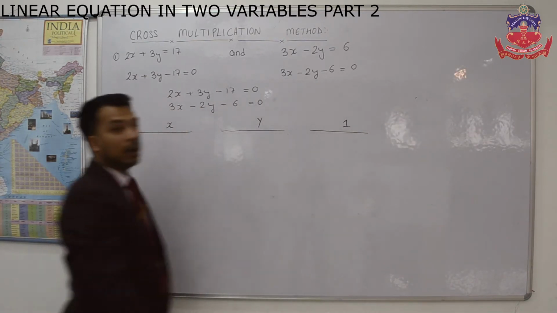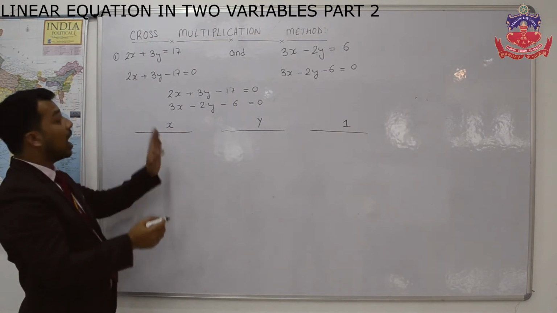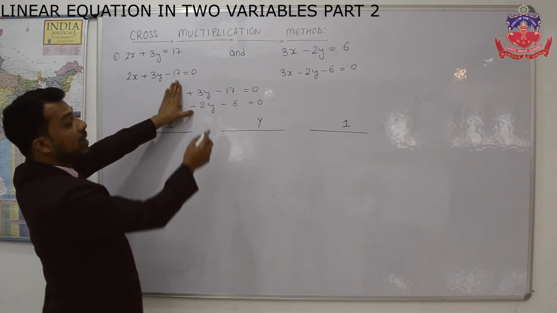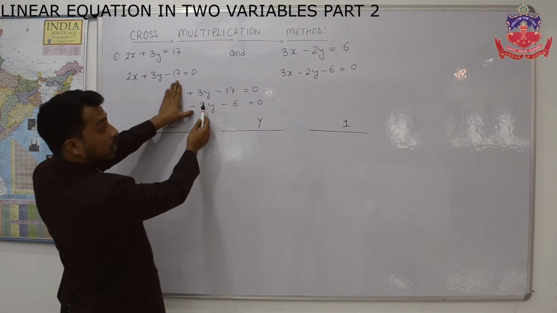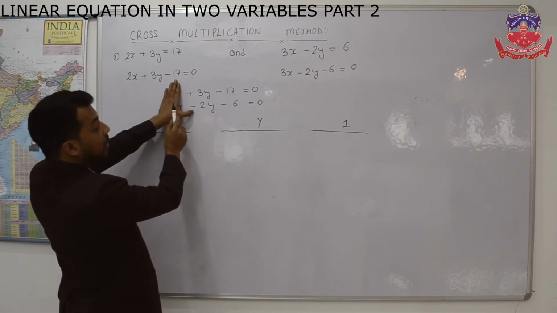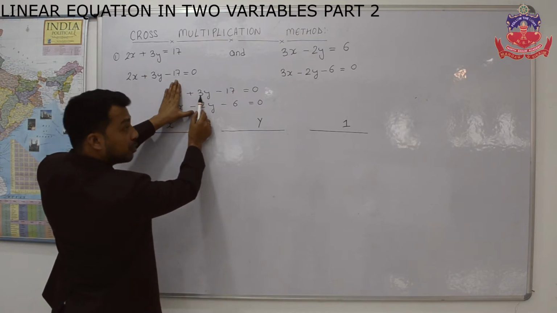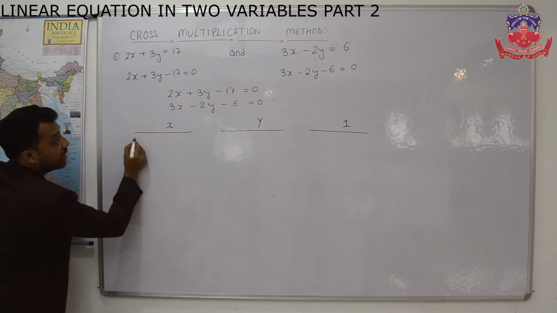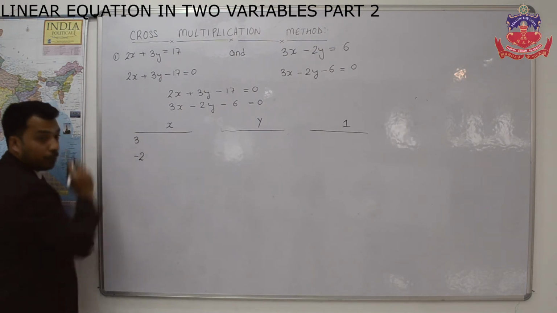Now, after that, you will write the numbers after the x. That means we are going to cover the x portion and write the numbers which are visible. The first visible numbers are plus 3 and minus 2. So I am going to write out here 3 and just below that minus 2.